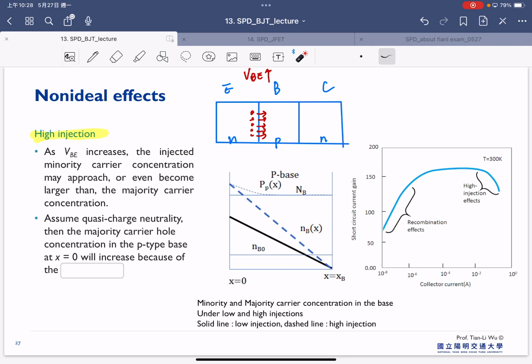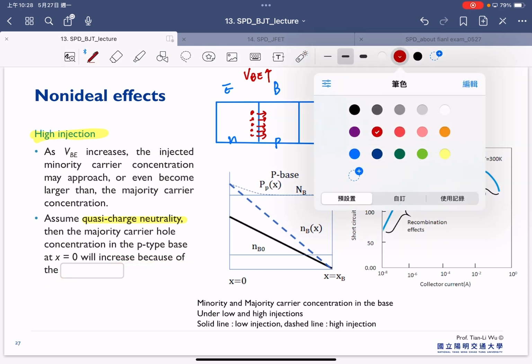And in this case, we have the assumption called quasi-charge neutrality here. Once we have quasi-charge neutrality, that means the majority carrier hole concentration in the p-base region at x equal to 0 will increase because of the excess holes.